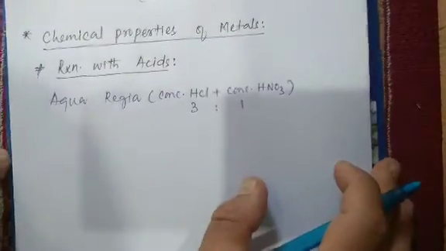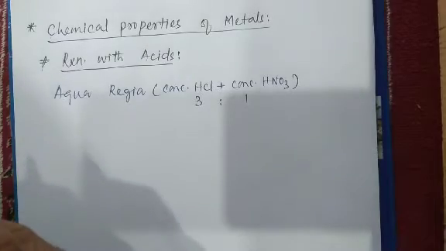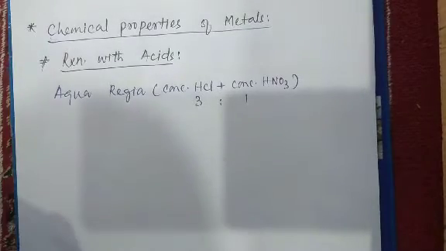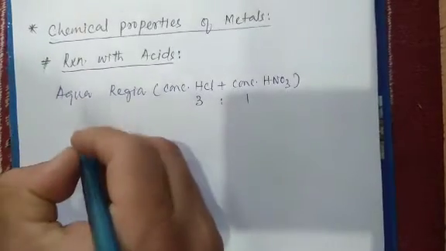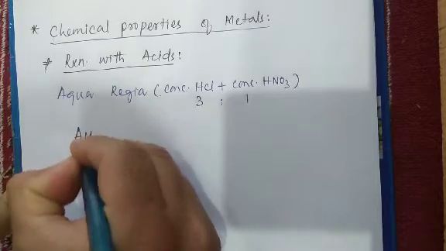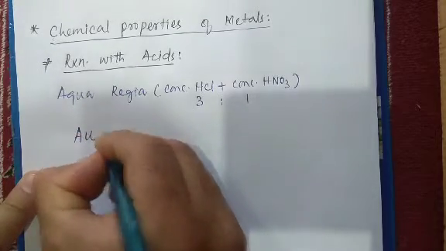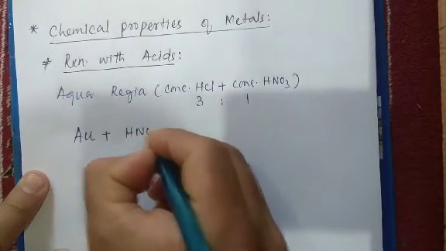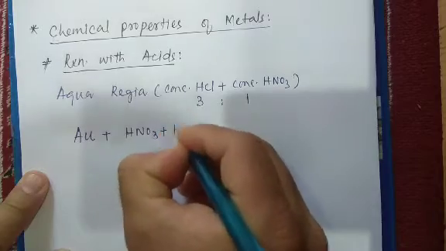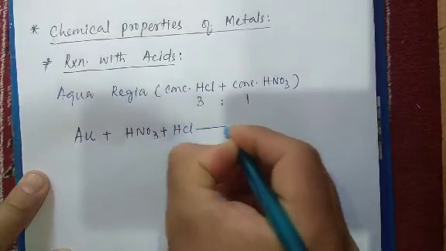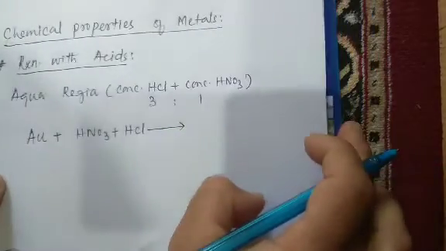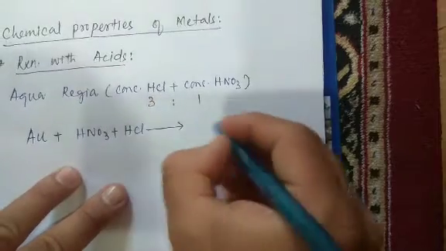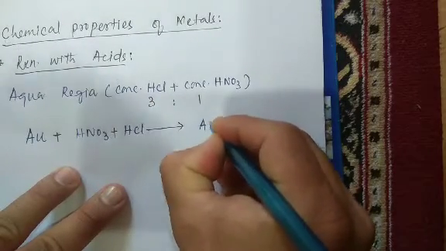Gold, as you know, shows no reaction with water and oxygen. Gold, Au. When dipped in HNO3 and HCl, the reaction is like this.